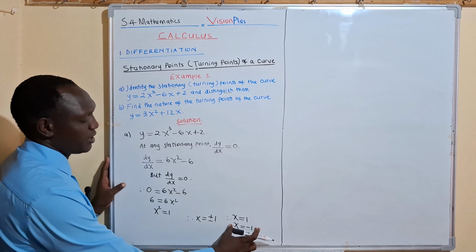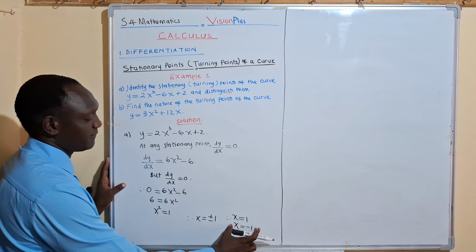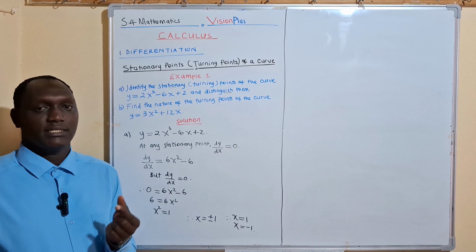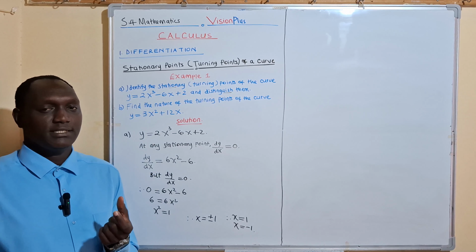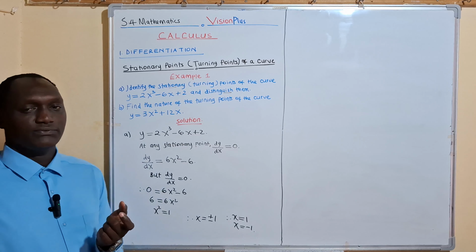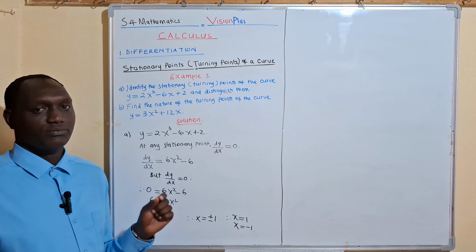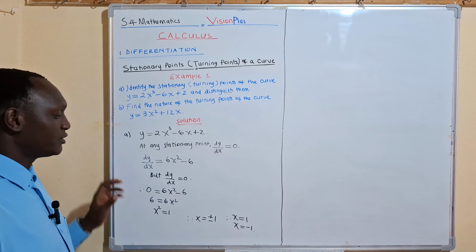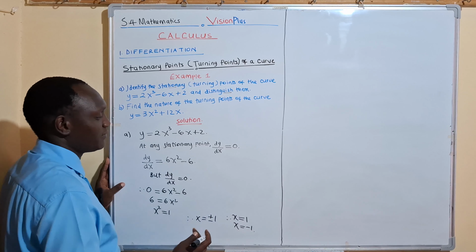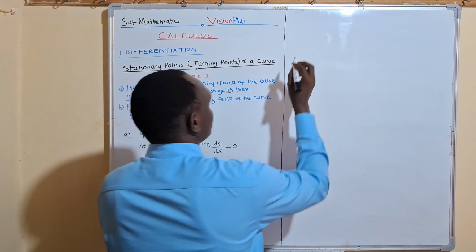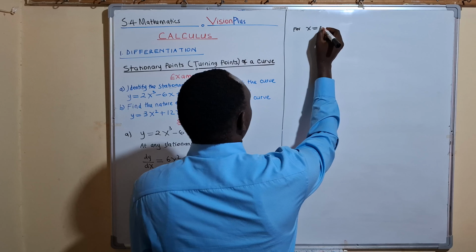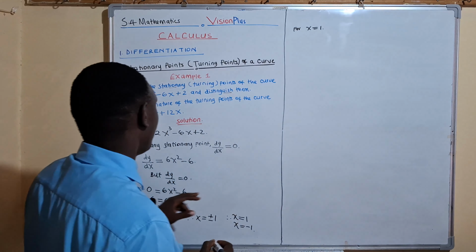Now from here, we have two values of x. But remember, a turning point is a coordinate point. That means it must have the value of x and the corresponding value of y. So let us use the two values of x to get the corresponding values of y. So for x equals 1, what is the value of y?